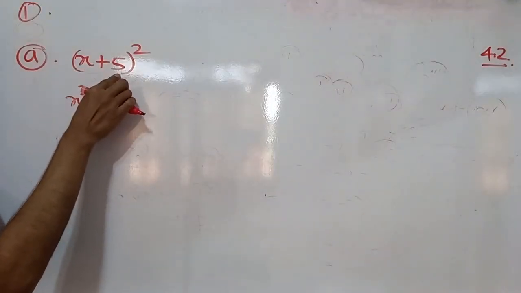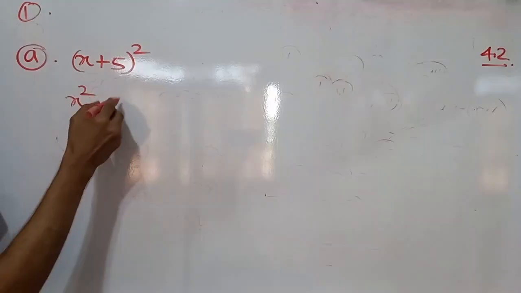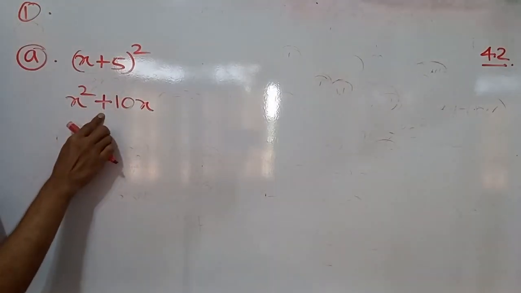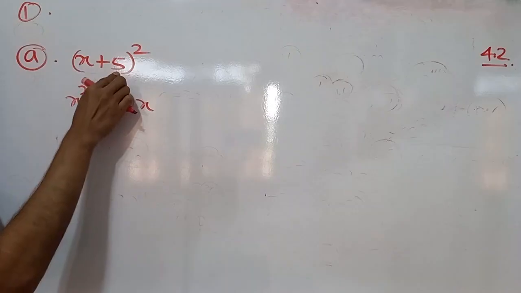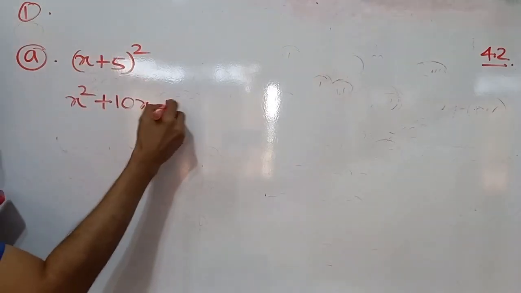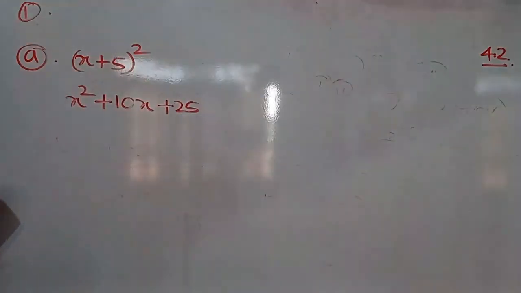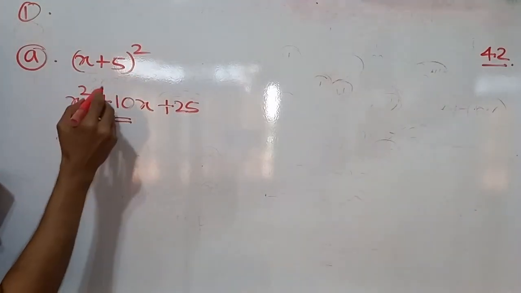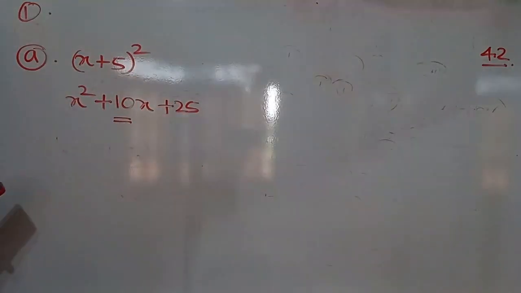X into 5, that is 5x. Multiply that by 2, that is 10x. So that's a positive one. Then square the last term, so that will be 25. Okay. The answer for this is x squared plus 10x plus 25. Right? You have to match it to that.